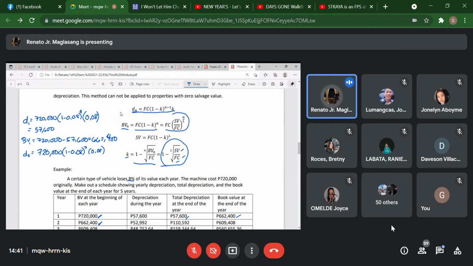Let me check if I'm correct or I'm wrong. 720,000, 1.08. Okay, I'm wrong. So it should be 662,400 to make it correct. So that's why it should be 0.92.